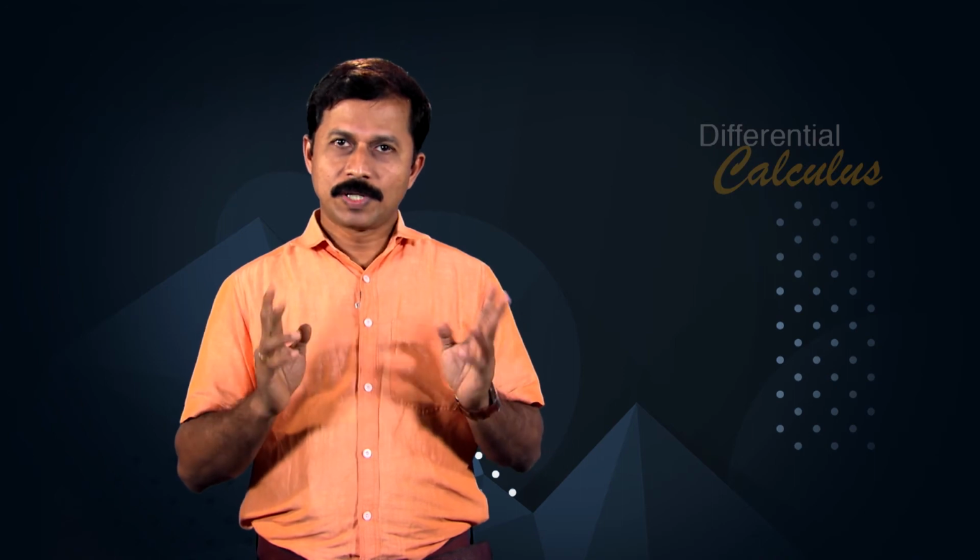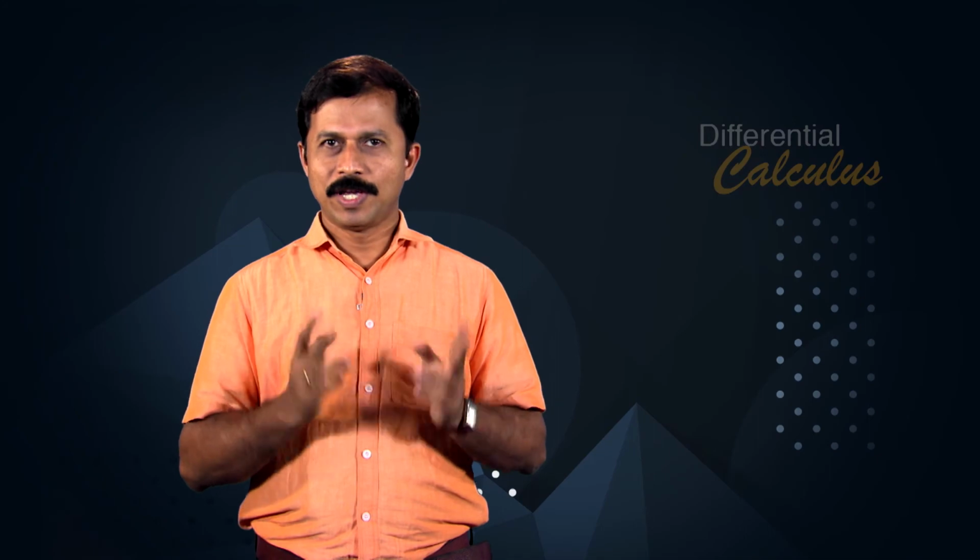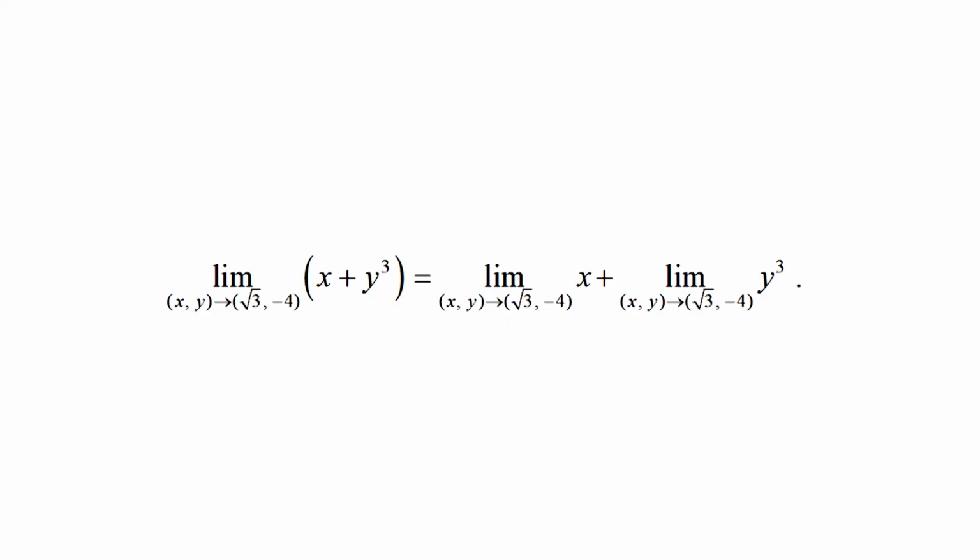Let us evaluate some limits. Applying the sum rule of limits, we have the limit as (x, y) approaches (root 3, negative 4) of (x plus y cube) is equal to the limit as (x, y) approaches (root 3, negative 4) of x, plus the limit as (x, y) approaches (root 3, negative 4) of y cube.